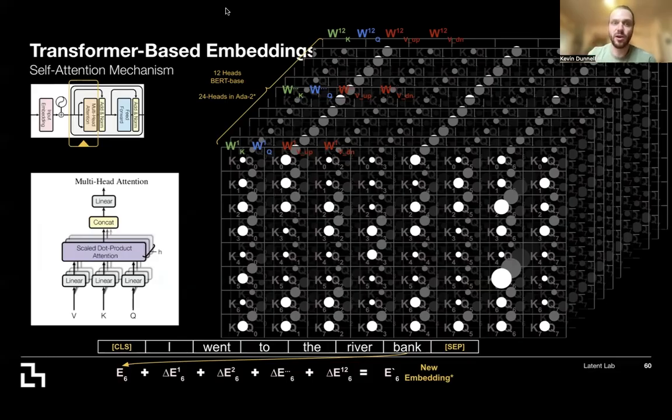And so if we sum together all of the proposed changes, one for each head, and add to the original embedding, in this example at the bottom here, we get one single embedding that is changed out the other side of this multi-head attention block for this word bank. We start with this initial embedding, and then we have all of these deltas that are created from each one of these different attention heads.